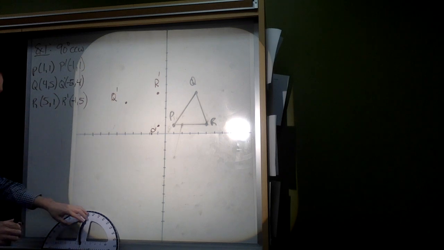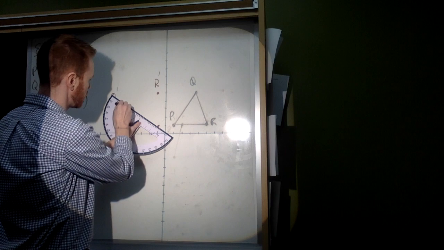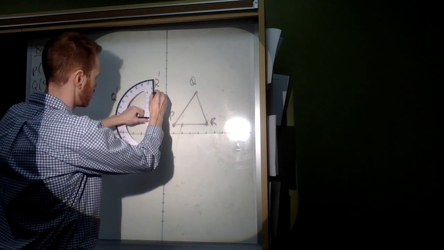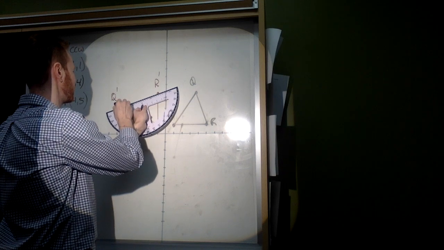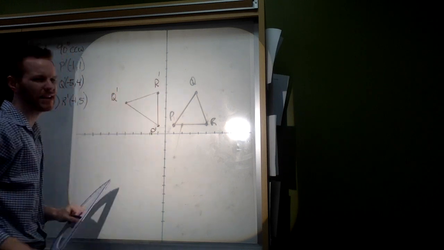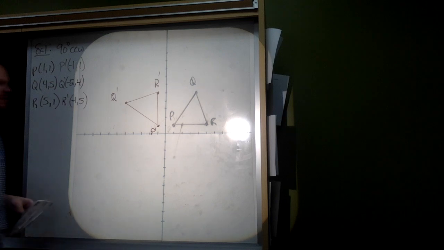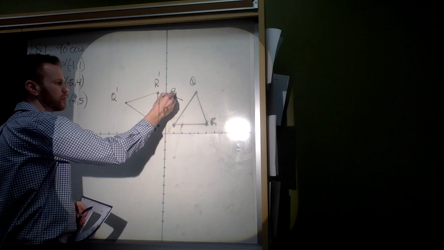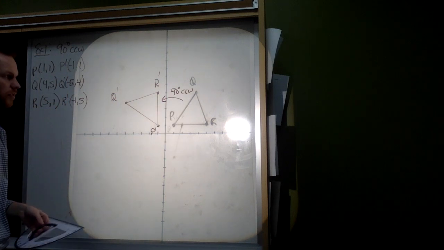There we go. And now we connect the points and marvel in what we just see. Just amazement. And there we go. There is my 90-degree counterclockwise rotation of that triangle.